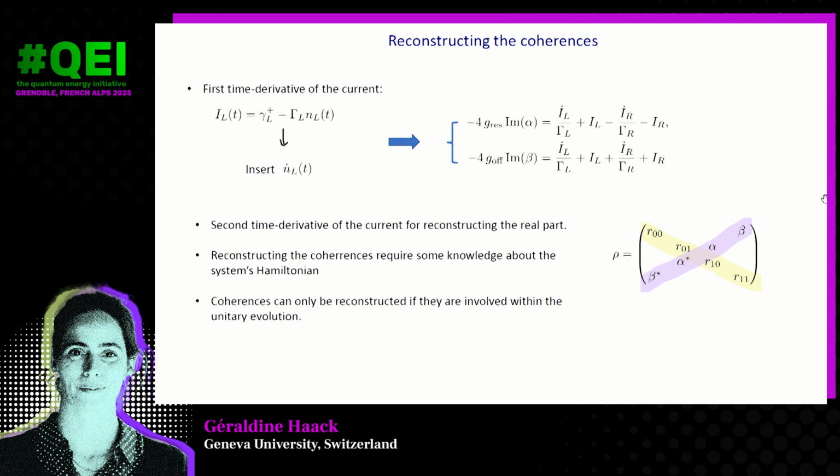That's why here you see we can only reconstruct alpha, beta, because these were the elements involved in the resonant and off-resonant interaction Hamiltonian. But if you'd consider a very complicated Hamiltonian, which is coupling all elements, then you will have access to all elements. It's really the dynamics that tells you which elements you can reconstruct.